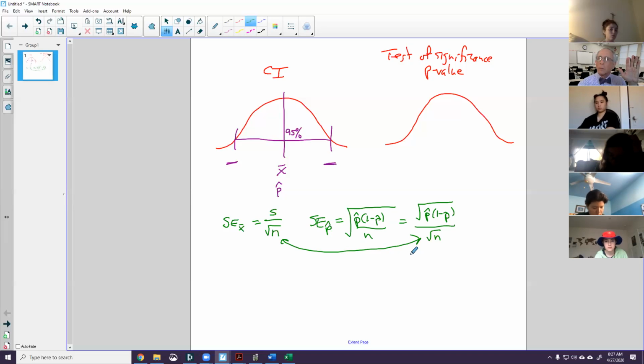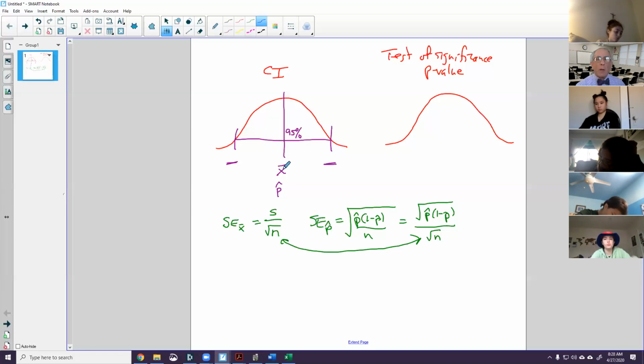Still good? Okay, great. Mr. Jenkins, I have a question. Yes, please. For the first drawing, when it says x bar and p hat, what's the difference again? X bar is the mean, so that is for a quantitative variable. P hat is the proportion, that's for a categorical variable.